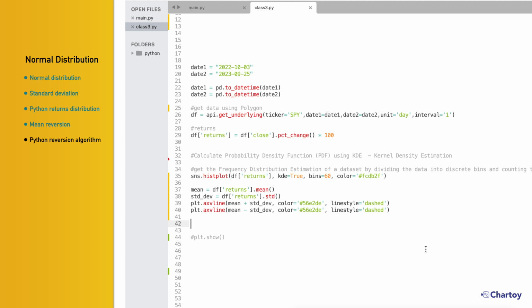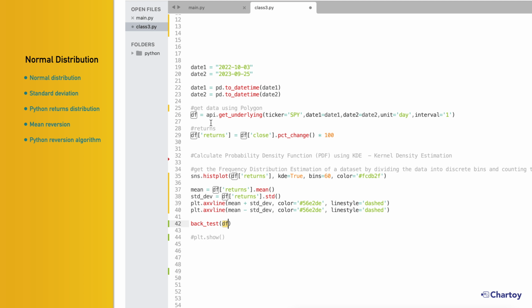So let's backtest this algorithm on historical data. Let's define a new function that will backtest this algorithm that we just learned on this data frame.